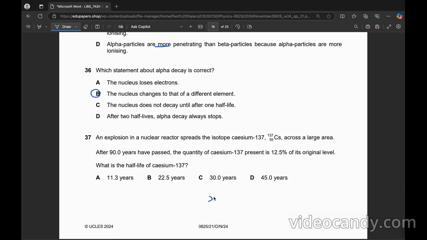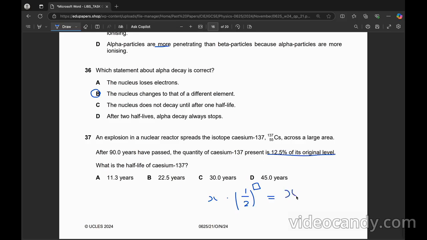Let's just say it's X, and then we've got half-life, so it's going to be 1/2, raised to the number of half-lives, and it's going to be equal to the amount left, right?